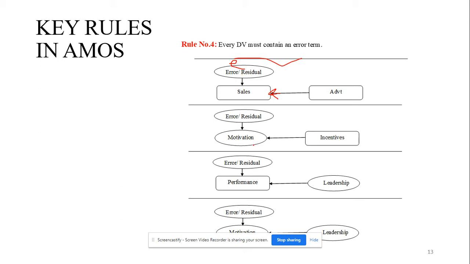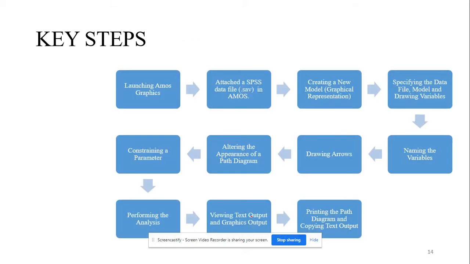Here you see motivation is caused by incentives, and as it is a dependent variable, you see an error. Then performance is caused by leadership, and you see an error. Motivation is caused by leadership, and as it is a dependent variable, there's an error associated.